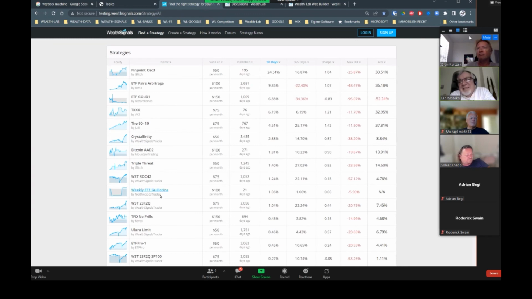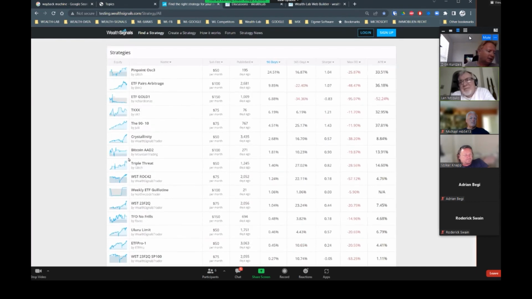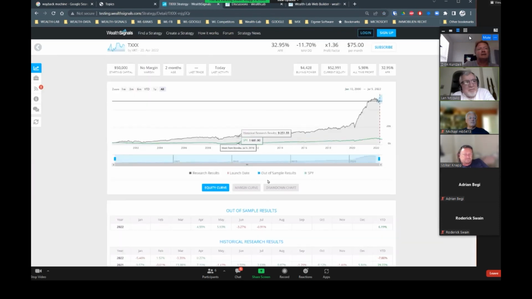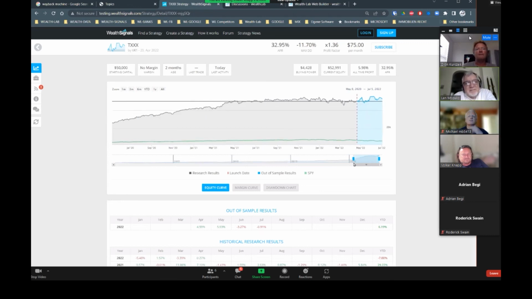So it could be something we do in the future, showing how I'm using WealthLab to do my own trading, as if we were trading a fund, showing the results and coming up with other ideas. I know Robert is big on options, so maybe throwing in some options trading and seeing how that does.